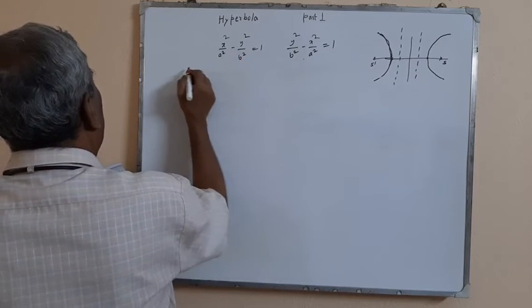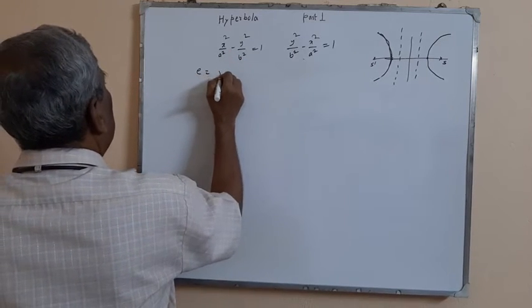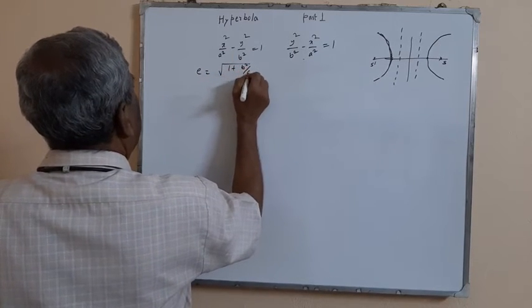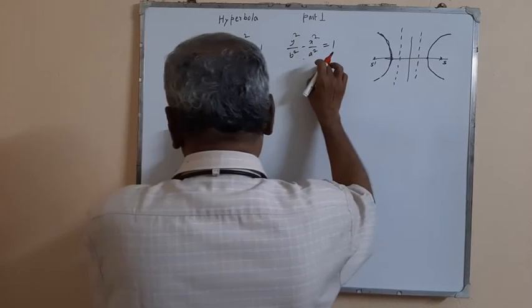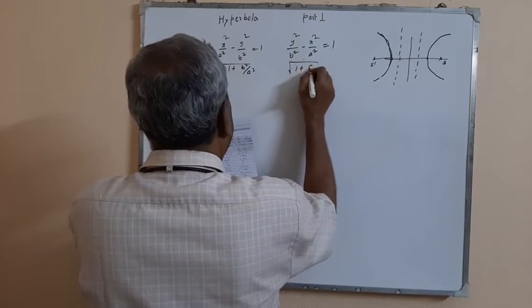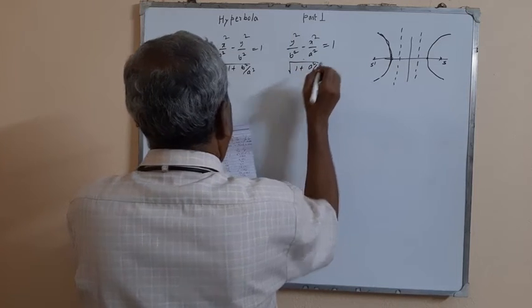Eccentricity of that hyperbola e is equal to root over 1 plus b square by a square. That of this one is root over 1 plus a square by b square.